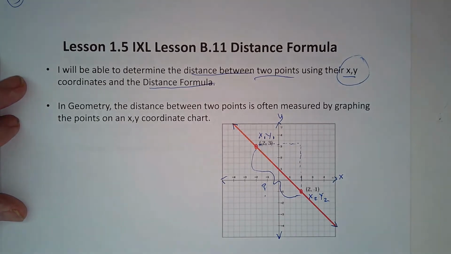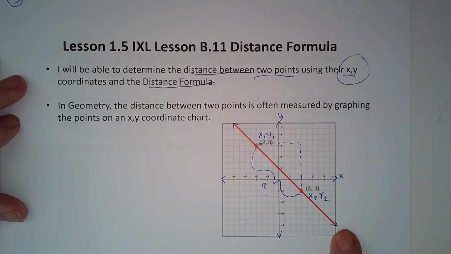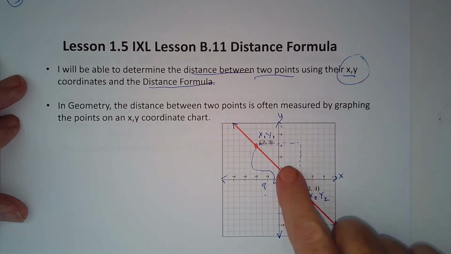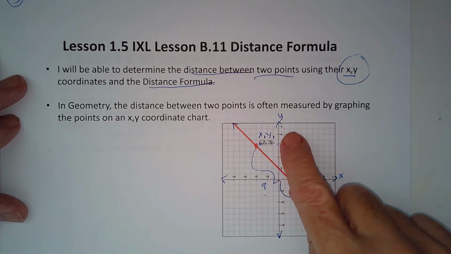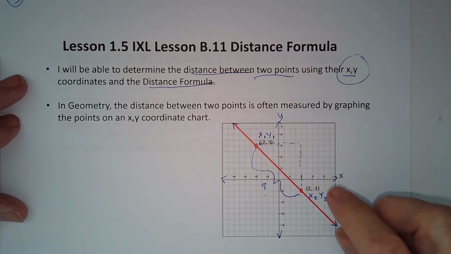So in geometry, the distance between 2 points is often measured by graphing the points on an X and Y coordinate chart. What I'm showing you here is a sloping line, and normally you cannot measure that very well. If you had a vertical line, you could just count the units on the y-axis and figure out the length of your line segment.